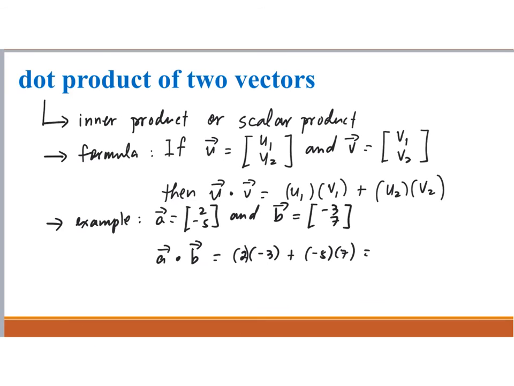That would be -6 plus -35. That's -41. This is what I meant earlier when I said that when you get the dot product of two vectors, the result is not a vector but a scalar, or just a plain number.